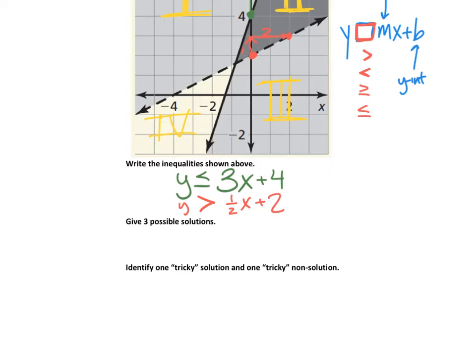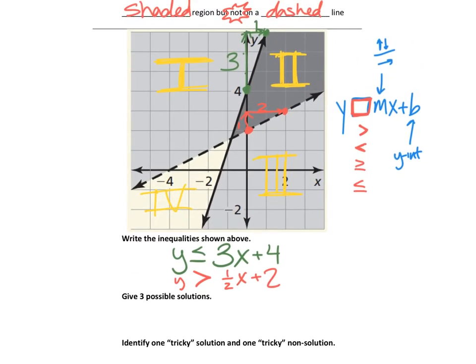Okay. Now we do need to know where solutions are in this shaded region. So all I'm looking for when I'm asking you to give me 3 possible solutions is for points or coordinates that are in the super shade. I'll give you one and you've got to give me the other ones. The coordinate right here, which is (3, 6), is one of the possible solutions in the solution set.